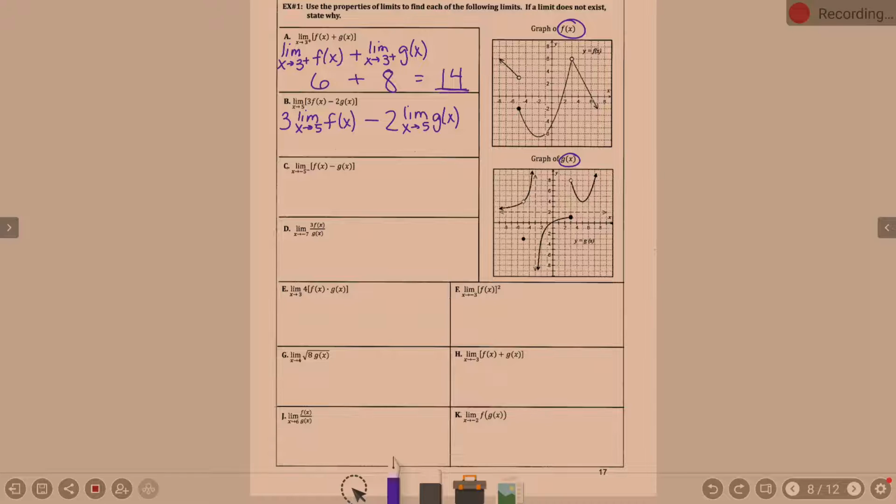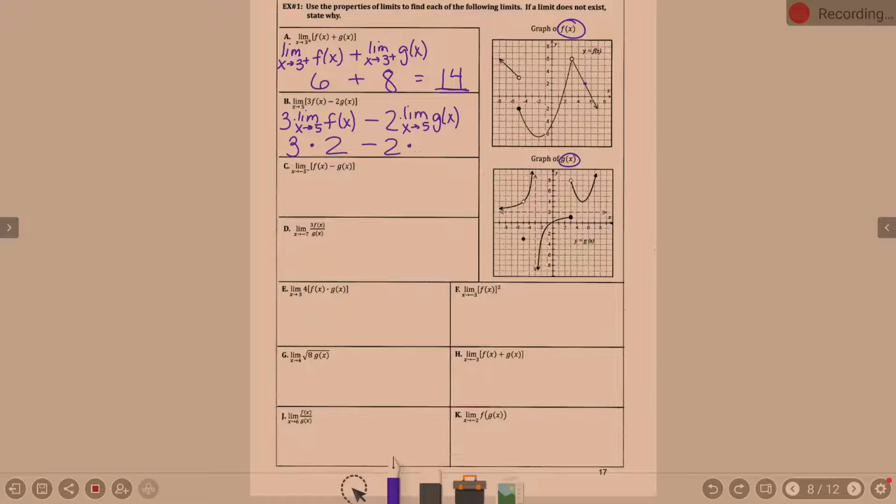Okay, do the math, right? 3 is 3. I got the easy one for you. The limit as x approaches 5 of f of x. I can agree with 2. You guys see the 2 right here? So 3 times 2 minus 2 times, now it's the limit as x approaches 5 on g. 4.